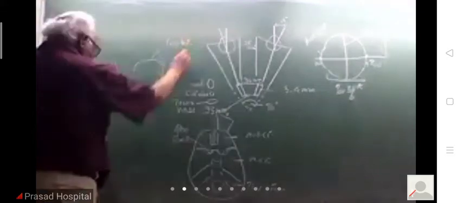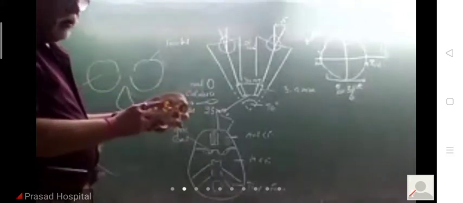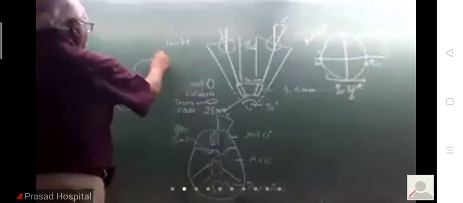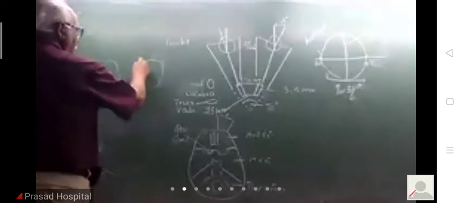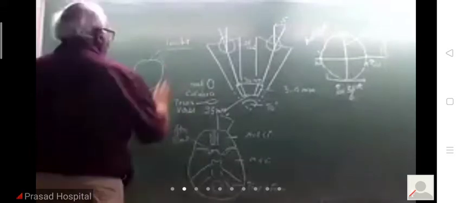You can see this is the frontal bone, which is forming the superior boundary as well as the upper part of the medial and lateral boundary. So frontal forms the upper margin, the medial margin, and the upper part of the lateral. That's the upper boundary.